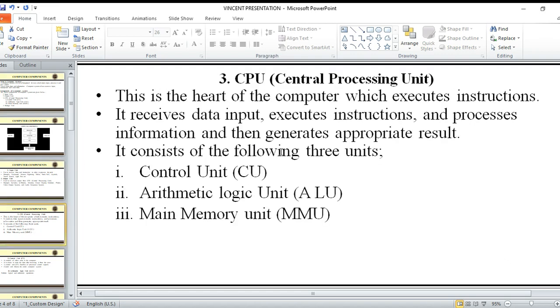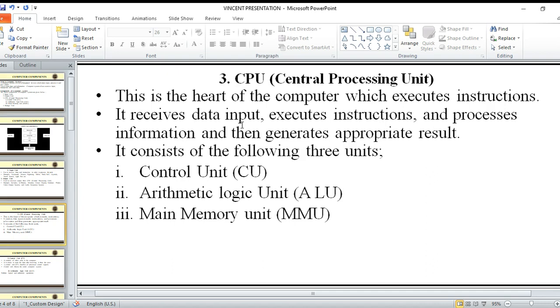Then the third component or unit is the CPU. Under CPU, we have three major components or subdivisions. There is control unit, there is arithmetic unit, and the main memory unit.